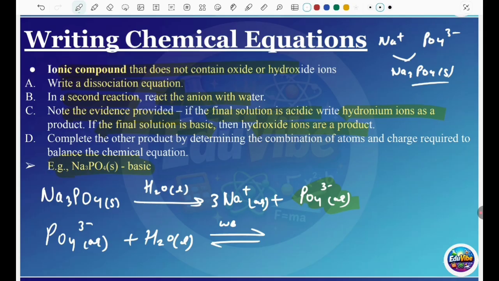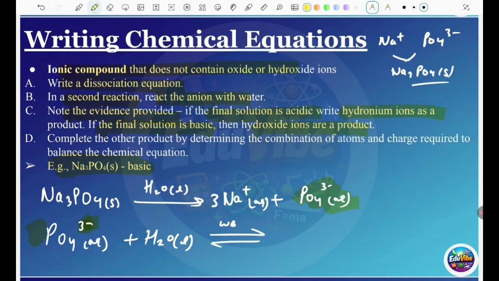Now one more thing. When we go from the basic ion to other species, we have to get rid of the negative charges. Here we have 3 negative, so instead of 3 negative we have to put 3 hydrogens in its place.